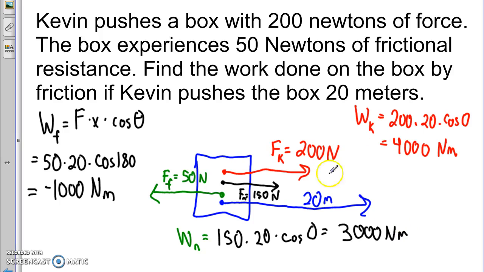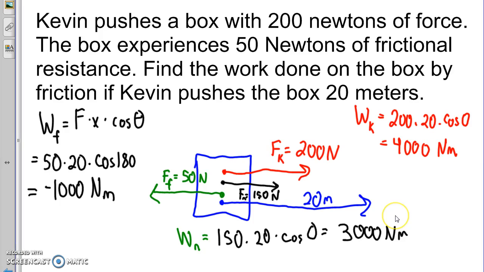So you see there's different ways of analyzing it. But again, when we have negative work, what we're saying is that that object or that force is actually undoing some of the work that Kevin was doing here. That friction is making Kevin work harder. Kevin himself did 4,000 units of work.